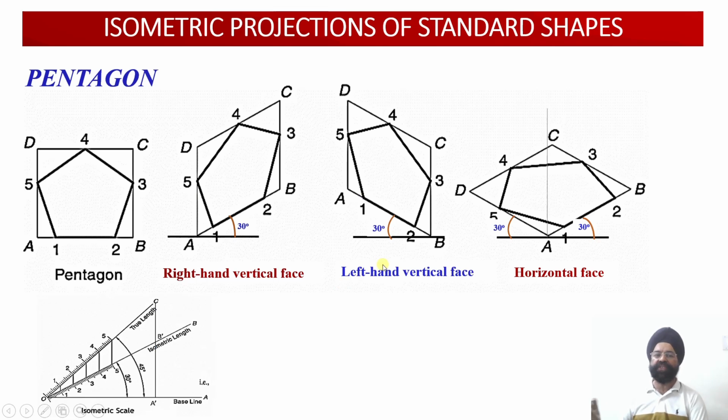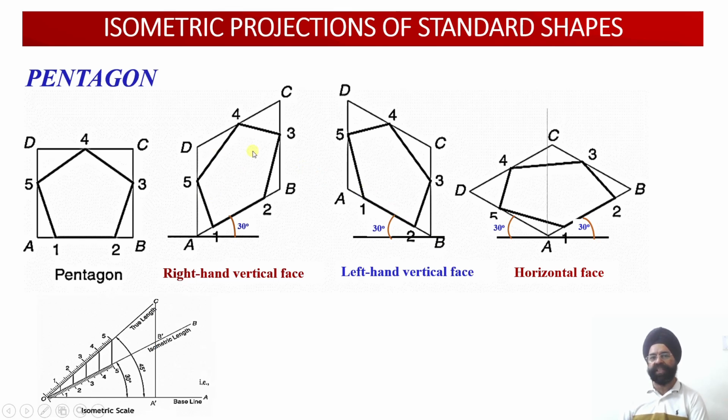But one thing we must remember, once we draw this pentagon shape in the isometric projection, there is only one line, one edge, 1, 2, which happens to lie on the isometric axis. So this is my isometric line, whereas the edges 2, 3, 3, 4, 4, 5 and 5, 1 are neither parallel to the z-axis, nor parallel to the y-axis, nor parallel to your x-axis.